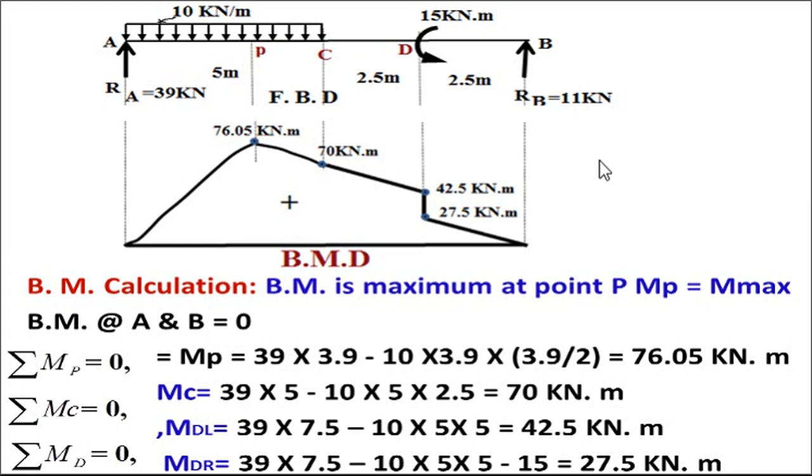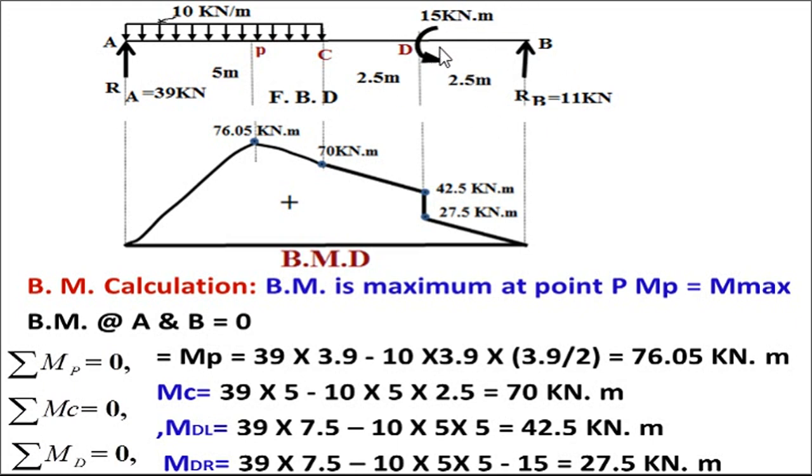Now if you take from this particular point B, moment about D, what will be that moment? 11 into 2.5, that is 27.5, and this is anti-clockwise.